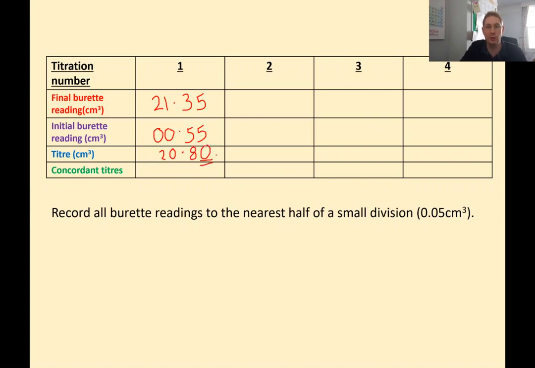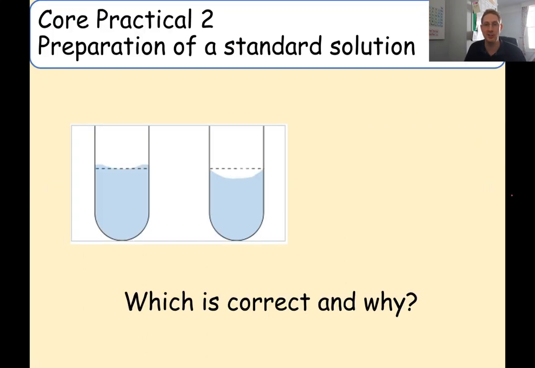Do record the average titer to the right number of significant figures. If you don't do that, if you just wrote 20.8, then you will not get the marks for that. So all burette readings need to be to the half of the smallest division there.